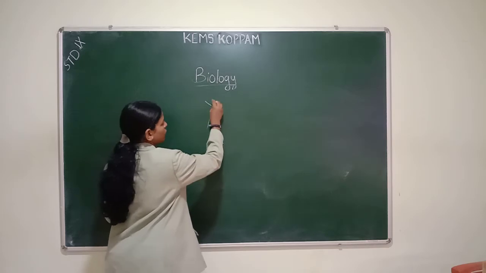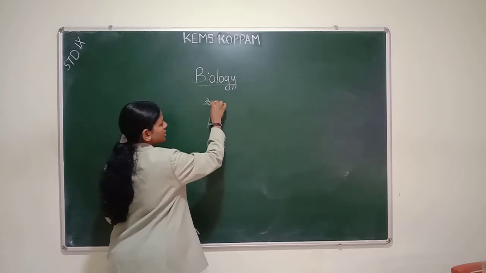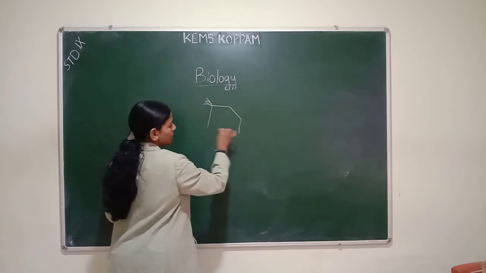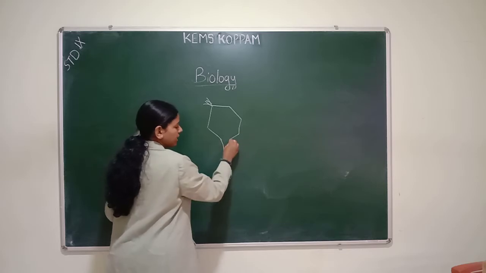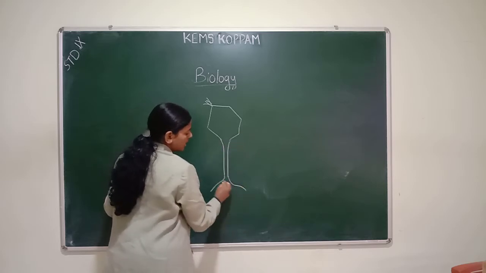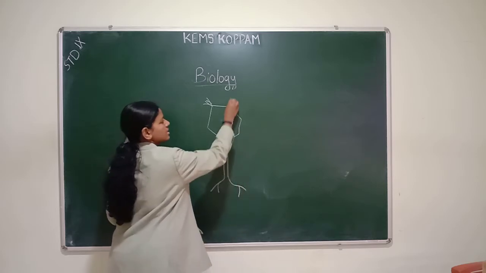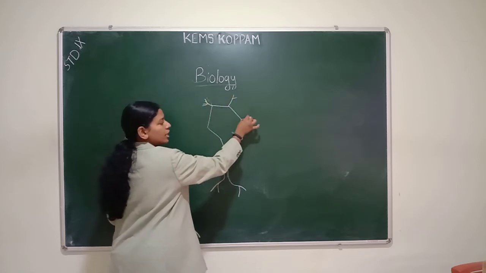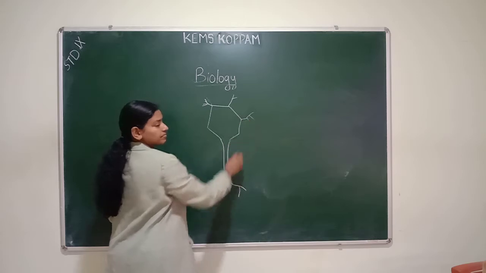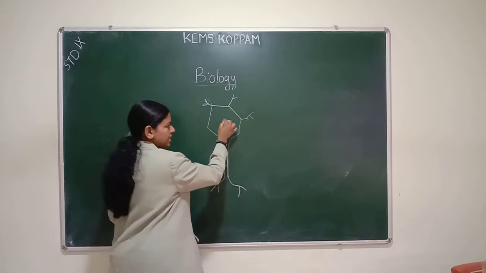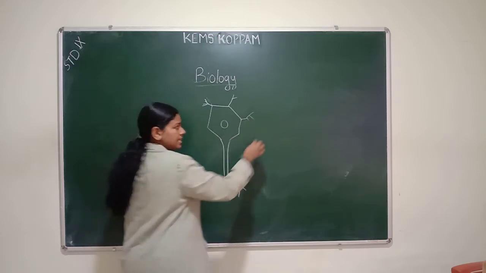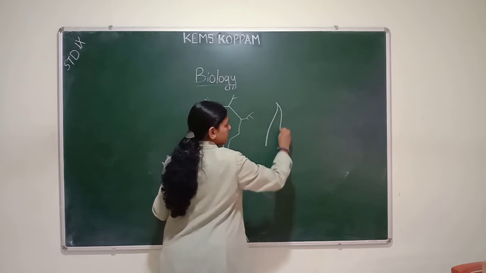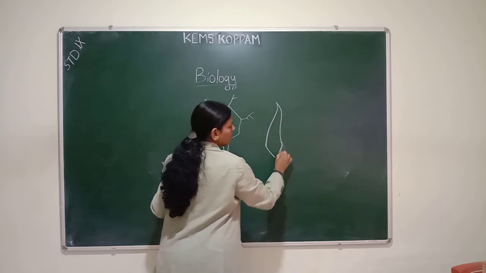Like we know water pipes are elongated. Like that, nerve cells are elongated cells for the conduction of messages.